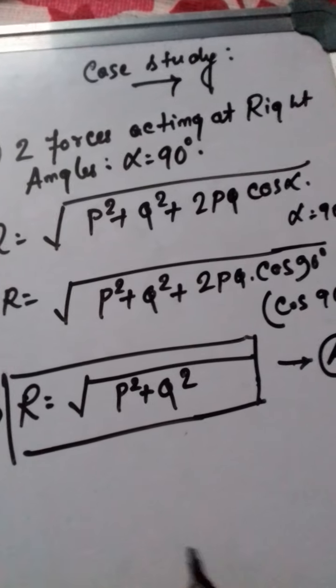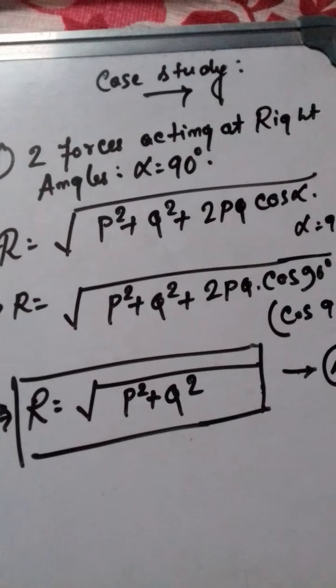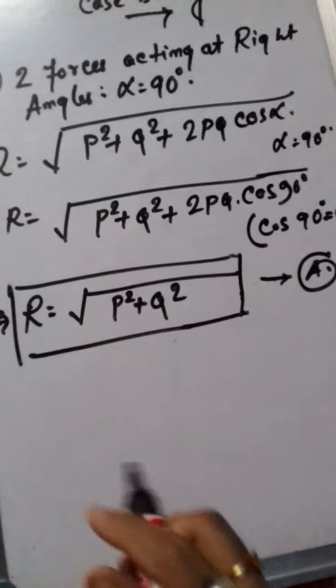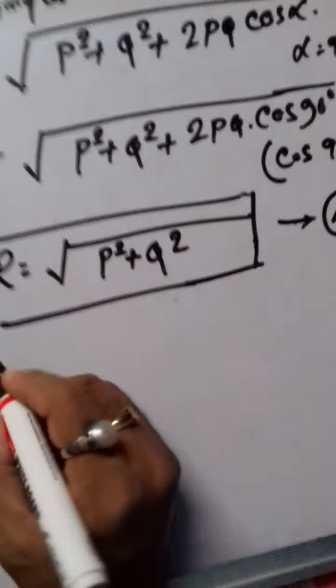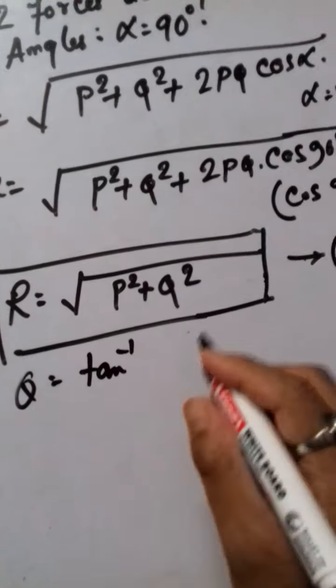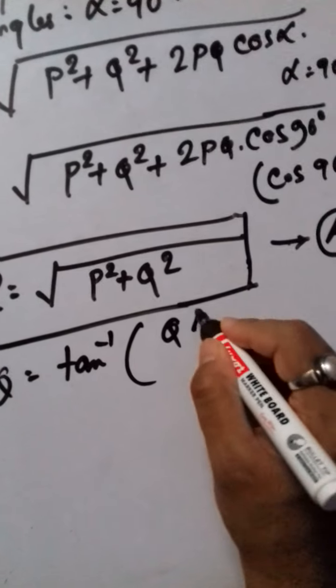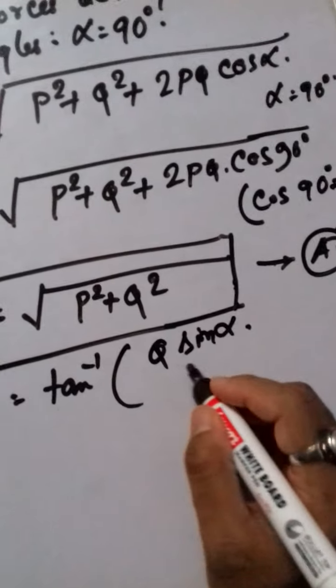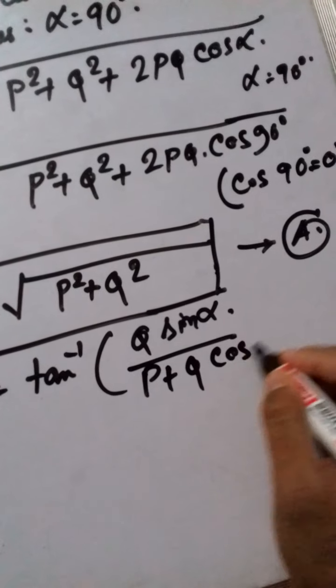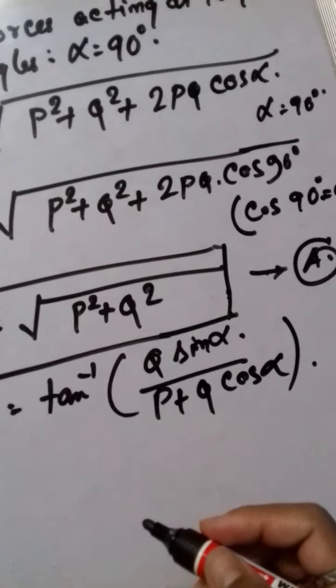equal to 90 degree. Now we are left out with the direction. How to find out the direction? Now see, the formula was theta is equal to tan inverse of Q sin alpha divided by P plus Q cos alpha, right?